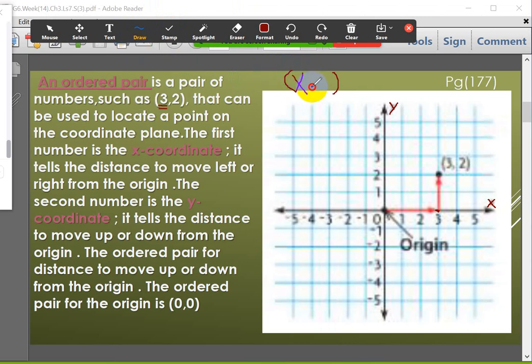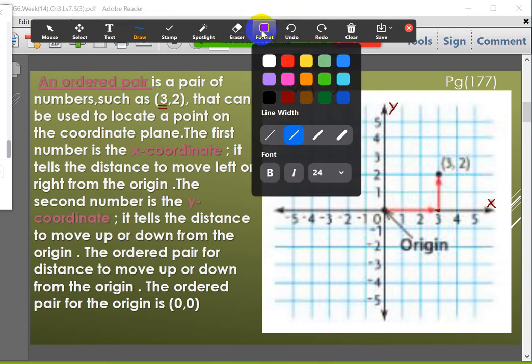That means it will tell me to move on the x number line 3 positive, that means to the right side. 1, 2, 3. Okay, this is about the x coordinate.